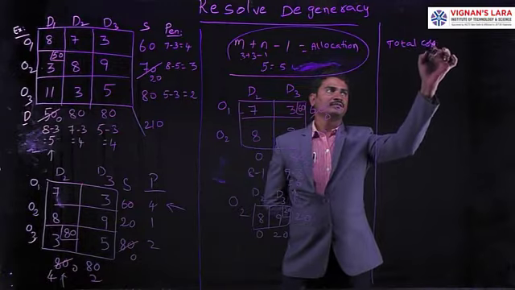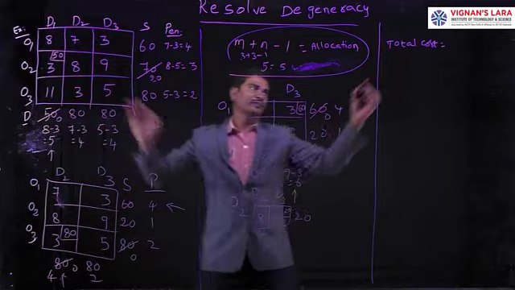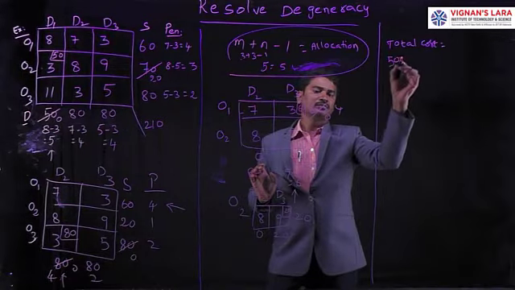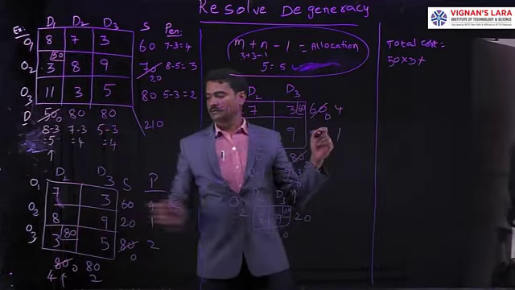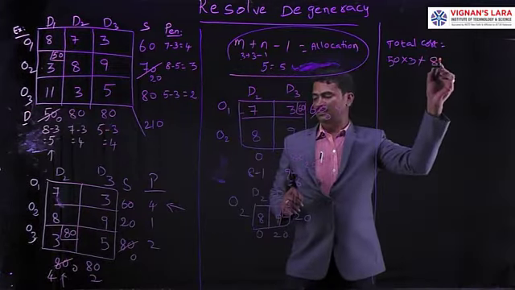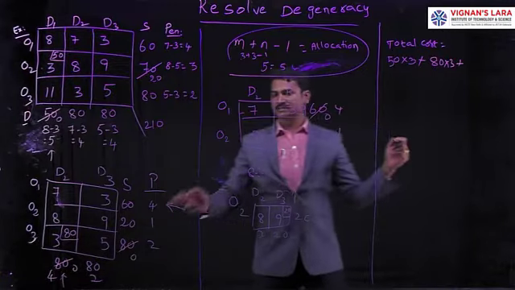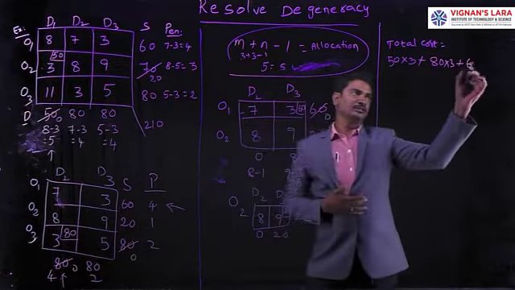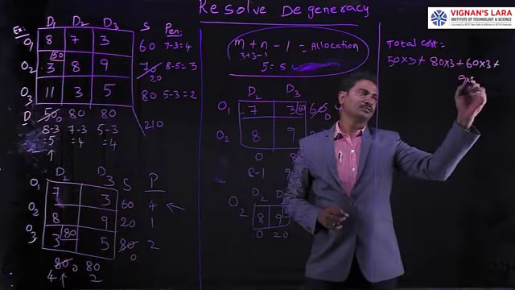Total cost is here we are allocating 50. It means 50 into 3 plus here 80 into 3, whatever it may be. Next here 60 into 3. Next here 9 into 20.